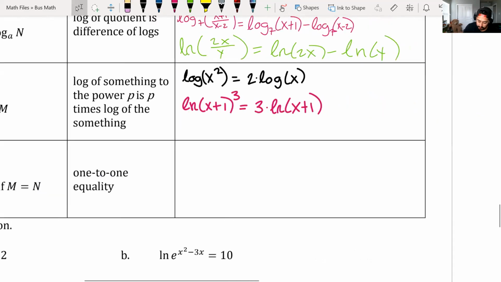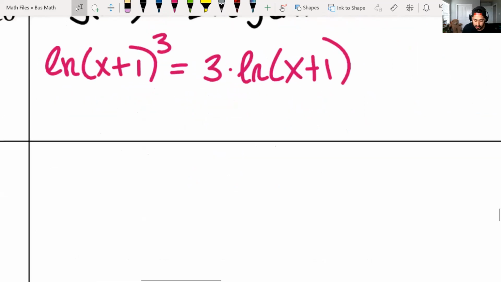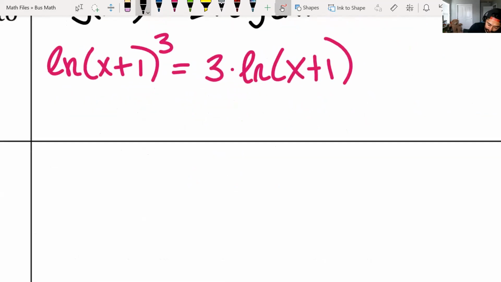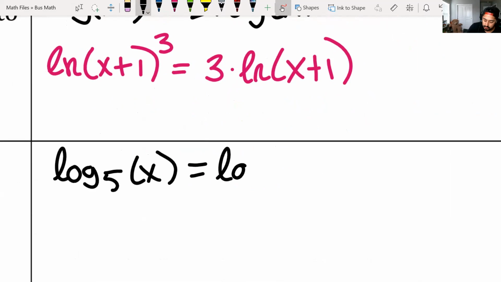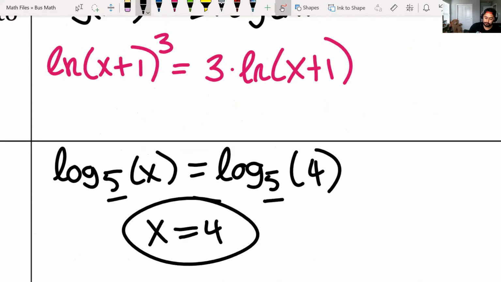So let's say, for an example, I have log base 5 of x equal to log base 5 of 4. Since these bases are equal, this means that x equals 4.